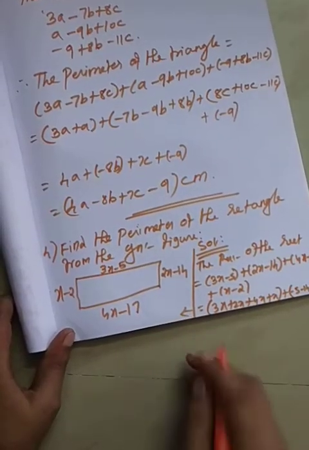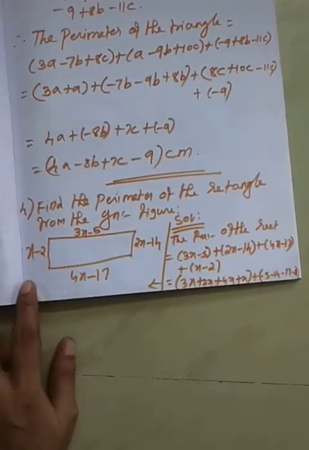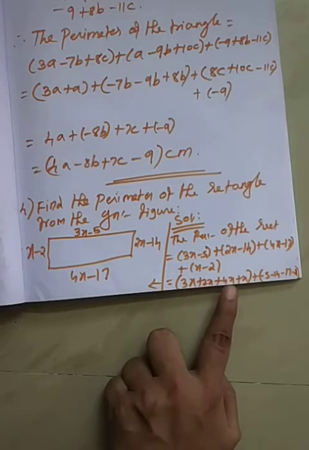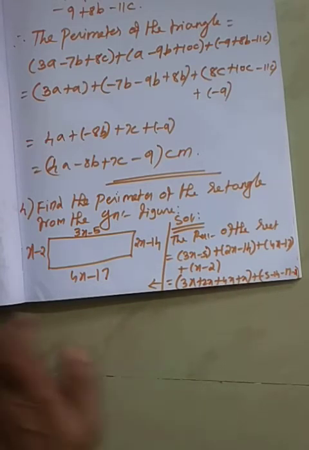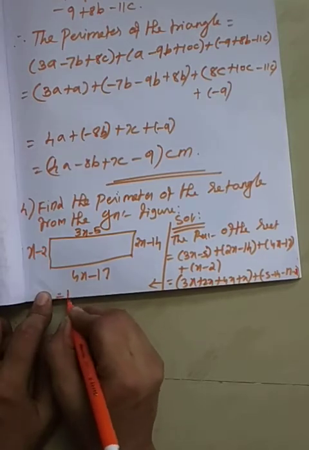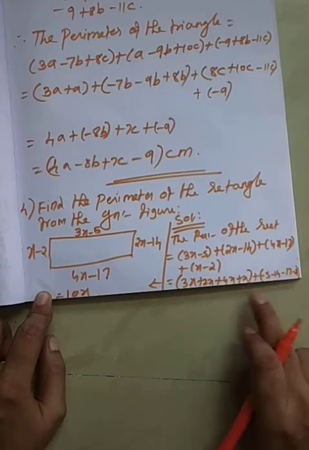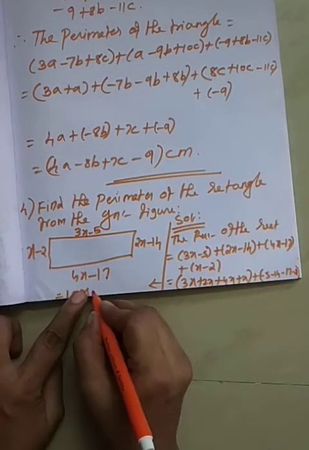Okay, now you have to simplify this. See here, 3x plus 2x is 5x, 5x plus 4x is 9x, 9x plus x is 10x. Next, all are negative, right? So the negative sign you have to put.